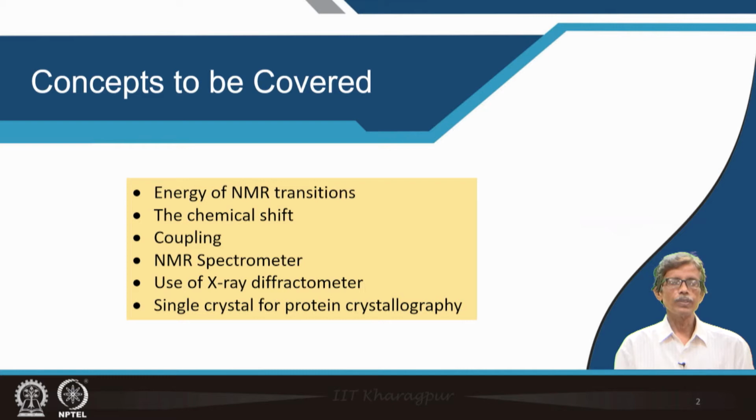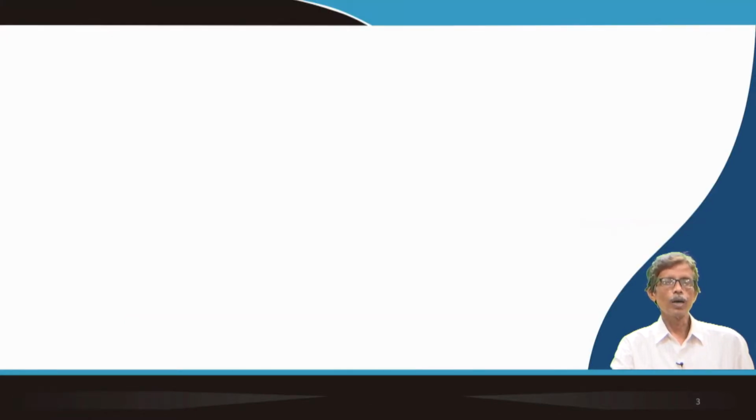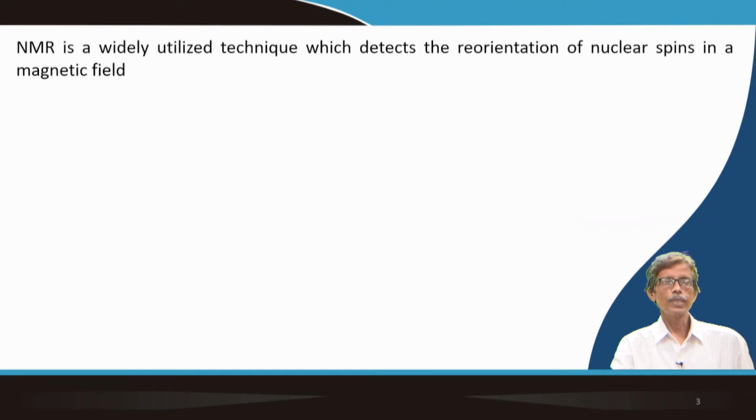There we have different parameters, basically the chemical shift and the coupling constants, how the basic setup of NMR spectrometers works, and the use of the X-ray diffractometer. How the X-ray diffractometer can be used, and how we can generate a single crystal for protein crystallography. We will see these one by one.